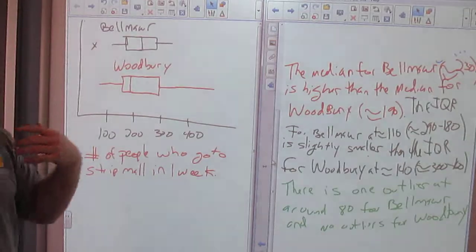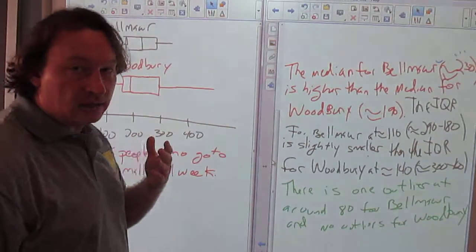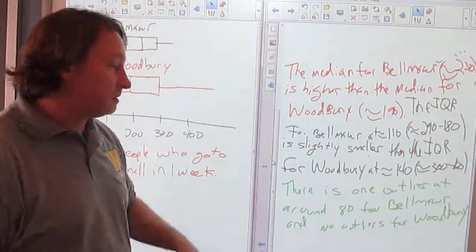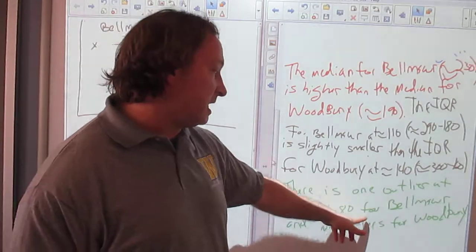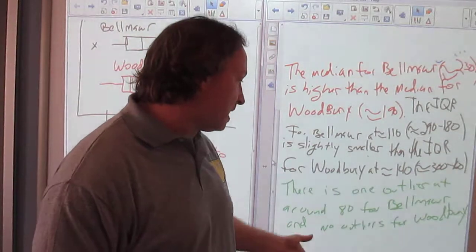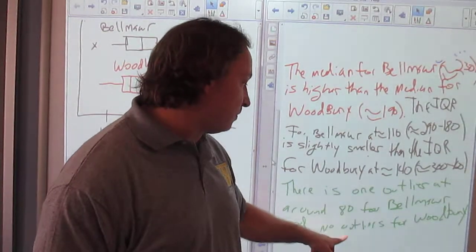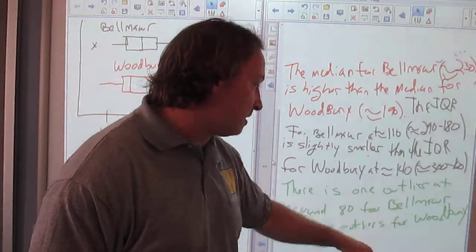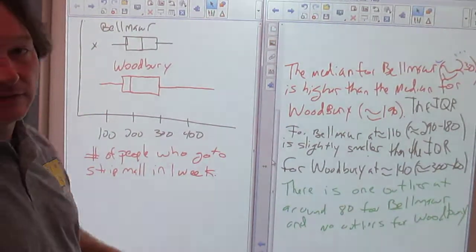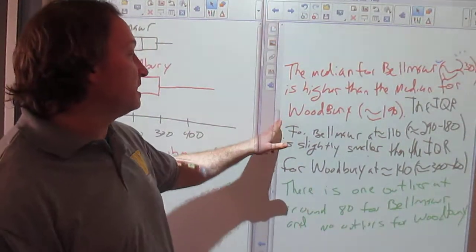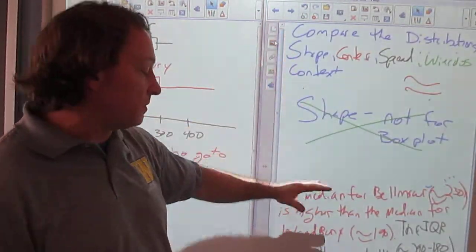Outliers. Don't just tell me about the one set of outliers. Tell me there aren't any for the other. There is one outlier at around 80 people for Belmar, and there are no outliers for Woodbury. So we have to talk about both of them. And the last thing is context, which we haven't talked about yet.